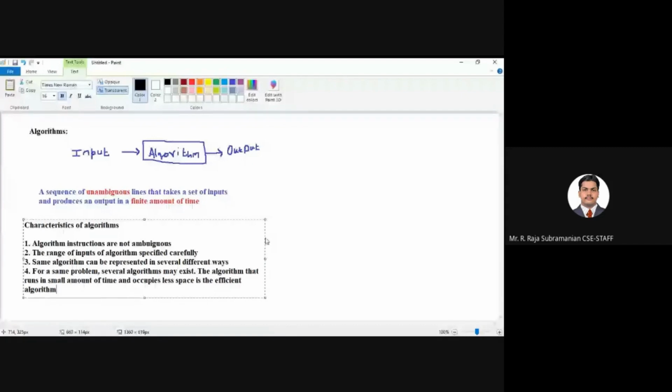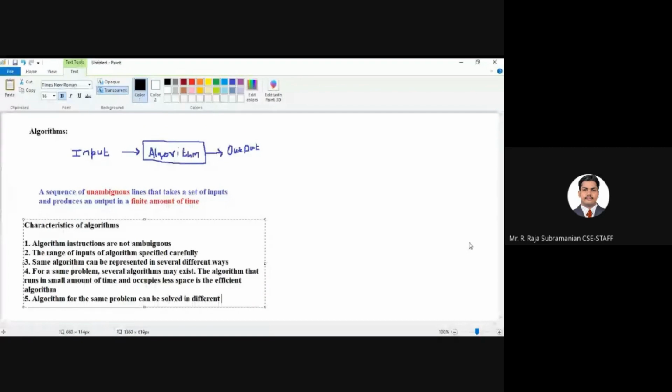Final one. So these four characteristics are very good and simple. Final one is algorithms for the same problem can be solved in different speeds. That's what I said. Different speeds in the sense I'm saying the time, different speeds.